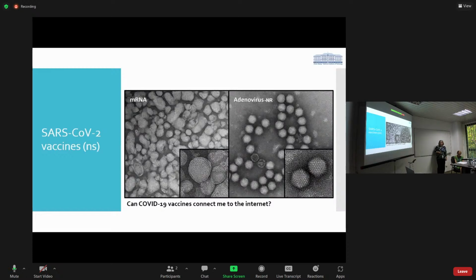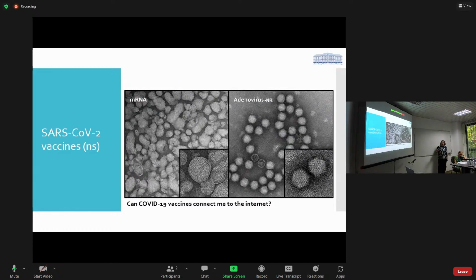We had a vaccine quite quickly for this infectious disease, for SARS-CoV-2, and we did a negative stain for the two types of vaccines available today. The classic one with adenovirus, very nice particles visible in this image, and for the new type with synthetic RNA in a lipidic shell.